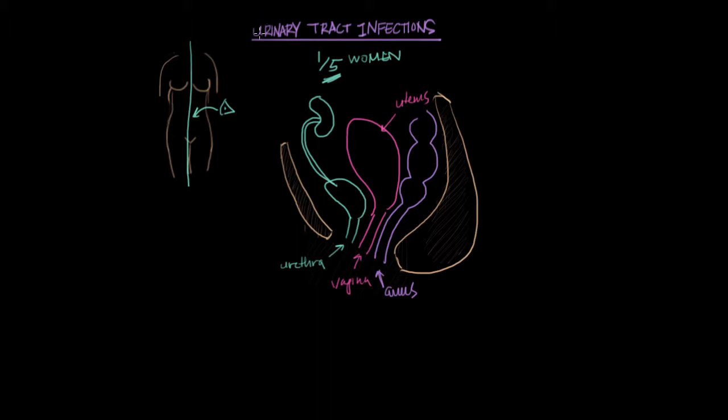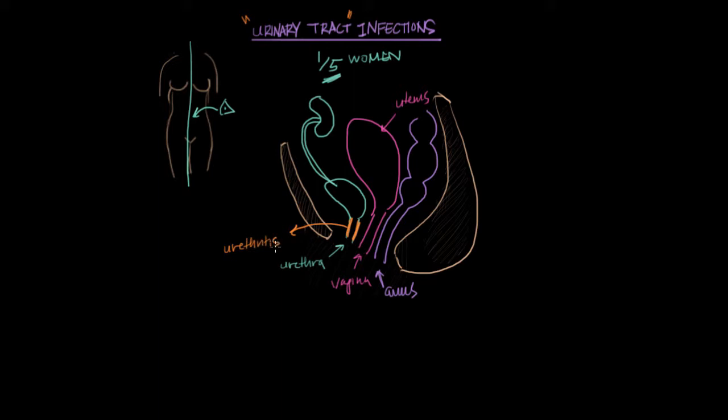Okay, so back to urinary tract infection. The term urinary tract really implies anything from the kidney down to the urethra. But to be a little bit more specific, infection of the urethra, this part I'm coloring in a different color, is called urethritis.